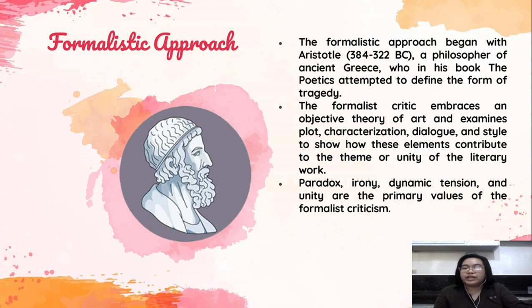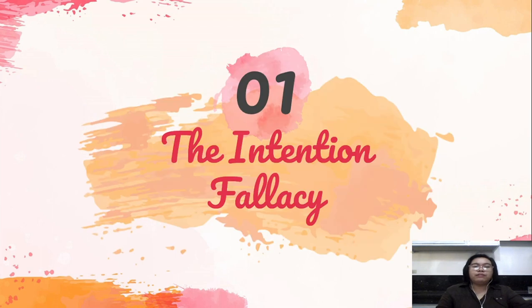Paradox, irony, dynamic tension, and unity are the primary values of formalist criticism. Thus, the primary values of the formalistic approach, as stated here, are the use of paradox, irony, tension, and unity.